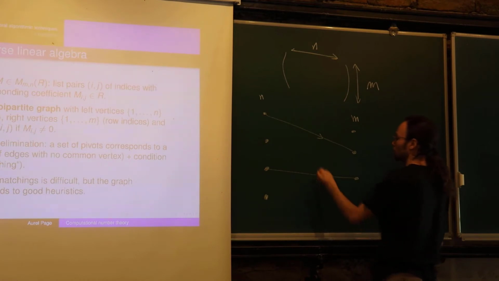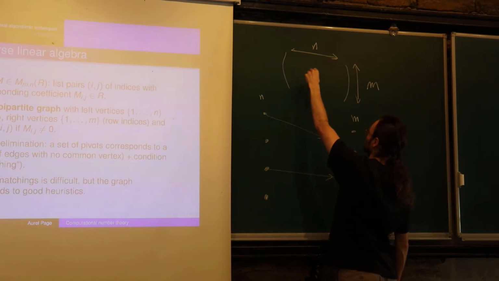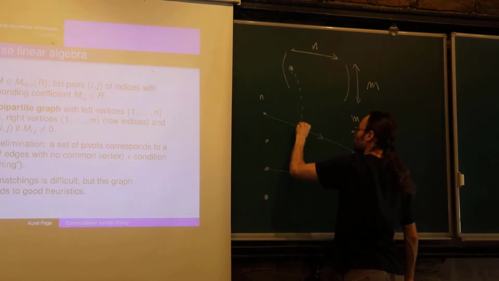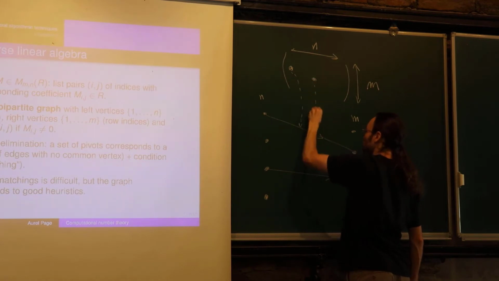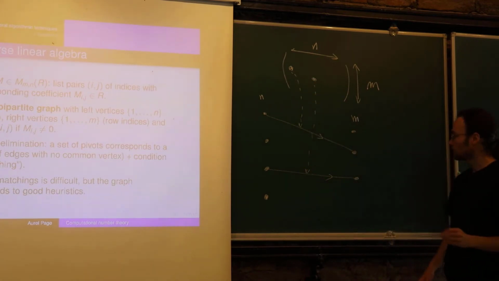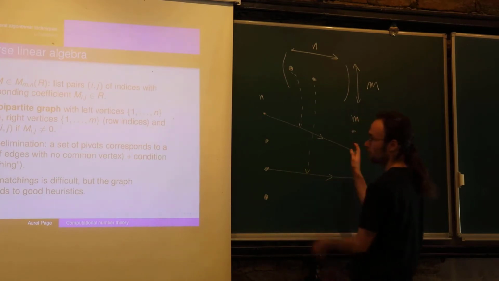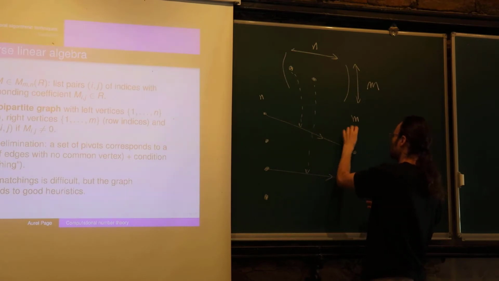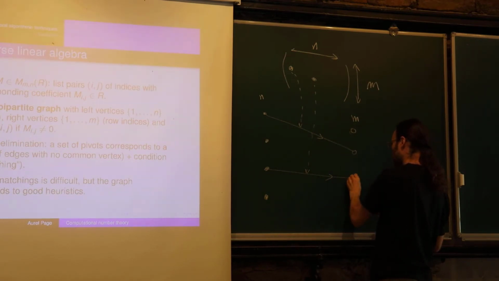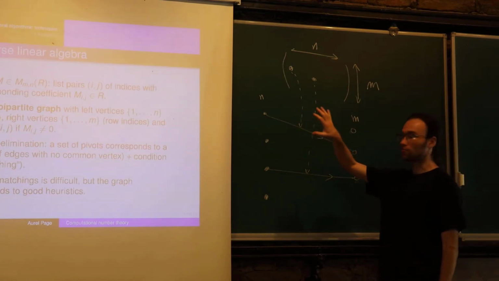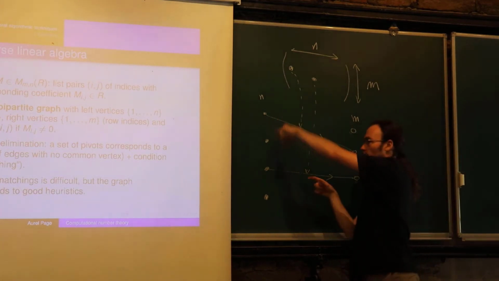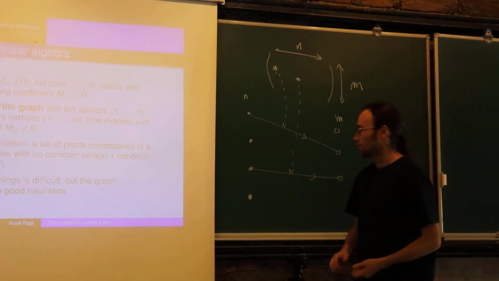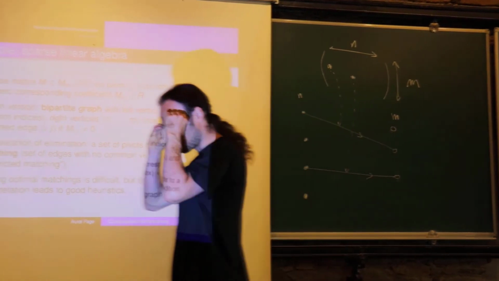So when you have a non-zero coefficient, it will correspond to one of these edges. Okay? So you obtain what we call a bipartite graph, meaning a graph which is divided into two sets of vertices, but the edges must connect one side to the other. There cannot be any edges on one side or on the other side. So that's a more visual way of thinking about it.